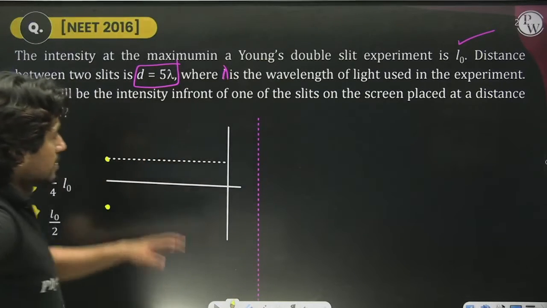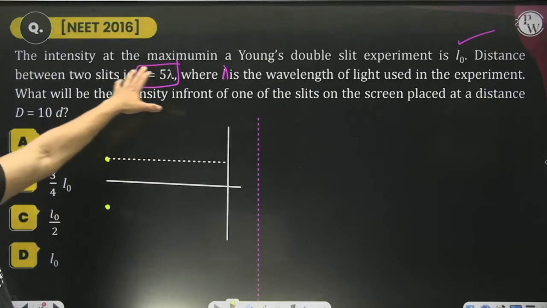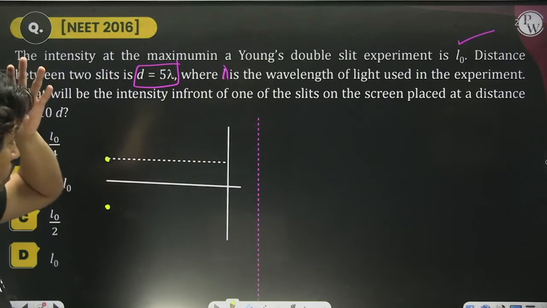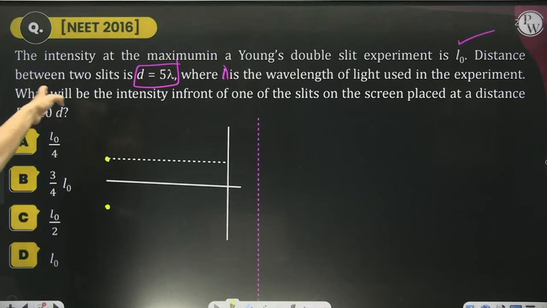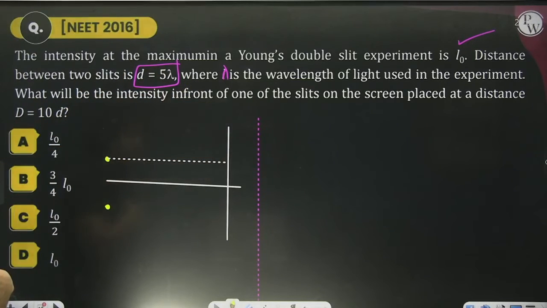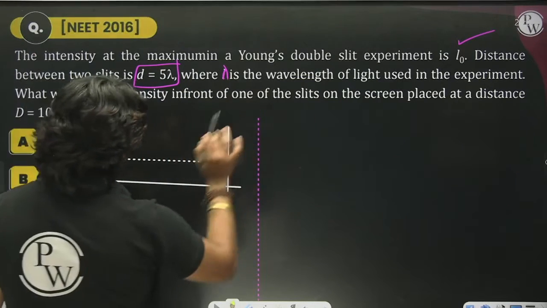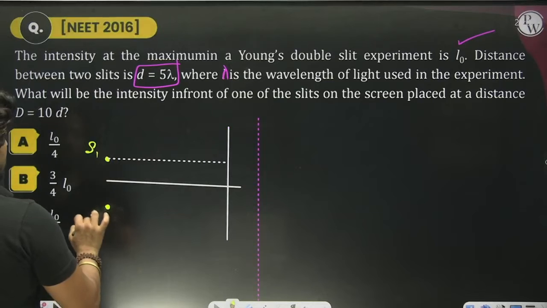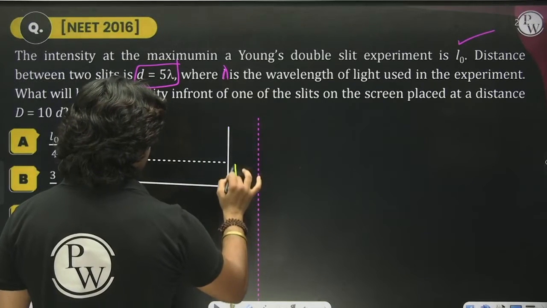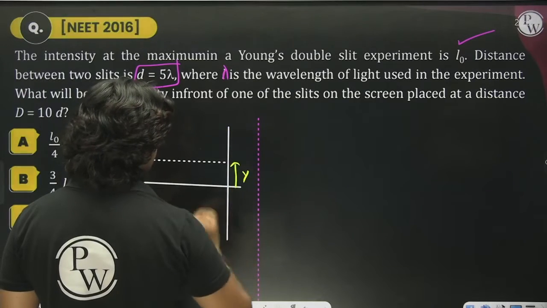The intensity at the maximum of YDSE is I naught. The distance between the two slits is this much, and lambda is the wavelength of the light used. So let's say this is slit number 1, this is slit number 2. You need to find out the intensity at this location.